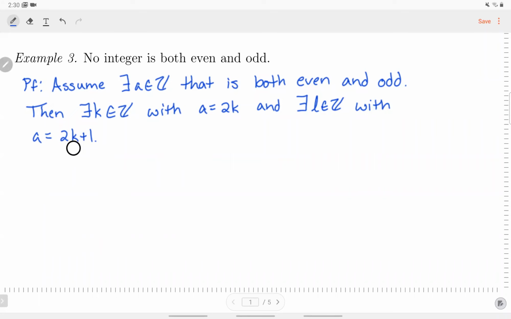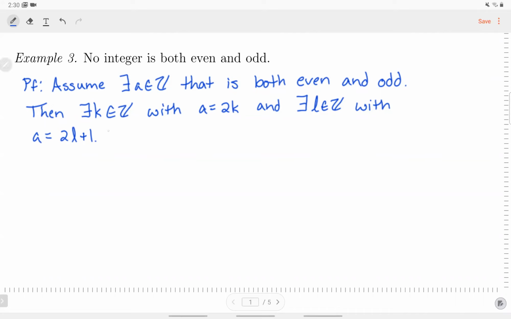Oops, shame on me. Okay. What do you think? What can I do now? Set them equal. If they both equal a, they have to equal each other, right?